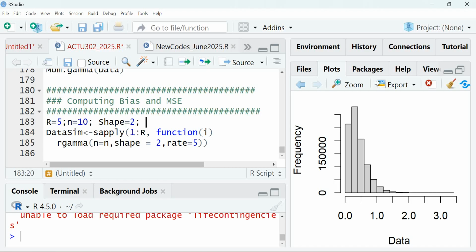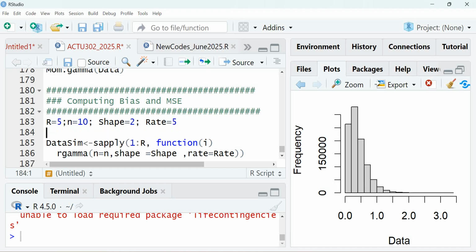And then what? Rate. You see I've changed it to caps so that it will be different from what R stores in there. What I don't want is to be going in. If I want to change the shape to 10, I have to interact with my function. No, I can just do it outside and the function remains the same. Okay, so that's how you program.